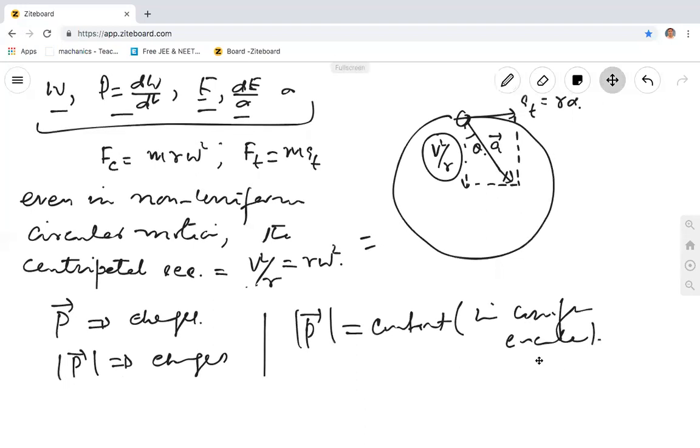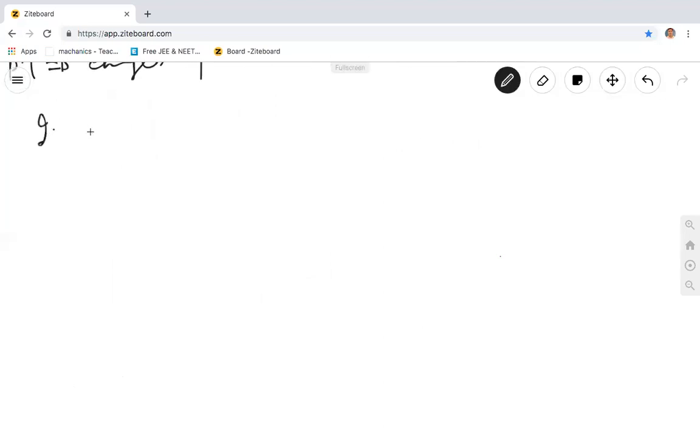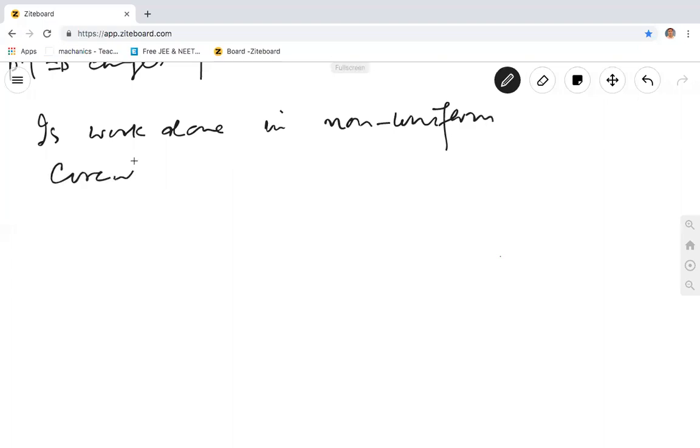Now, can you tell me, is any work done in non-uniform circular motion? Is work done in non-uniform circular motion? I would like your answer. Will work be done?